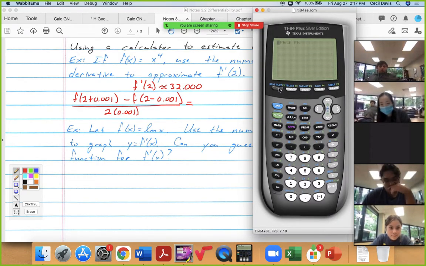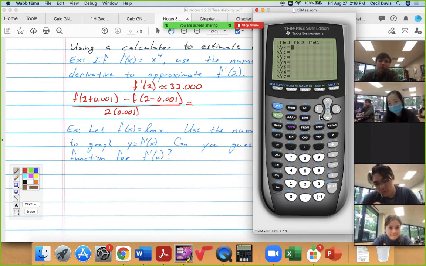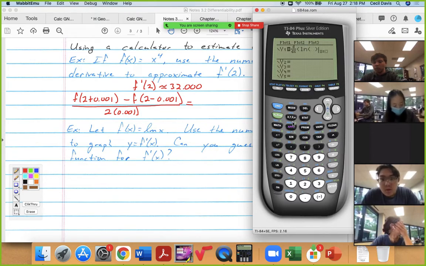Well, we go to y equals, clear out this stuff. So I want the derivative of natural log of x. So I'm going to go math 8. I want the derivative with respect to x of the natural log of x. And this is the only tricky part, right here at the end.